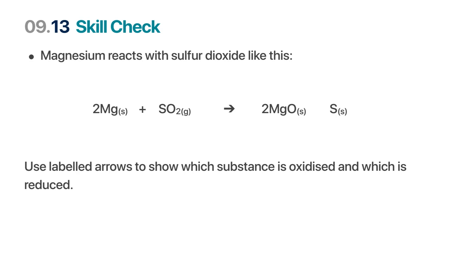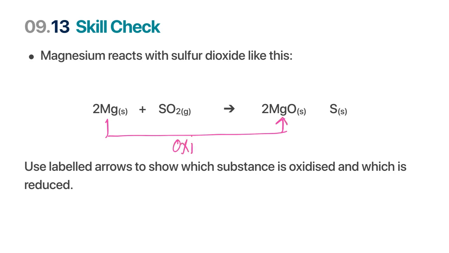Normally we'll have a hard time figuring out which one is being oxidized and which one is being reduced, but we're so comfortable with the idea that oxygen will always gain electrons. We can say anything gaining oxygen is oxidation. So magnesium ends up gaining oxygen, so this is my oxidation taking place right here.